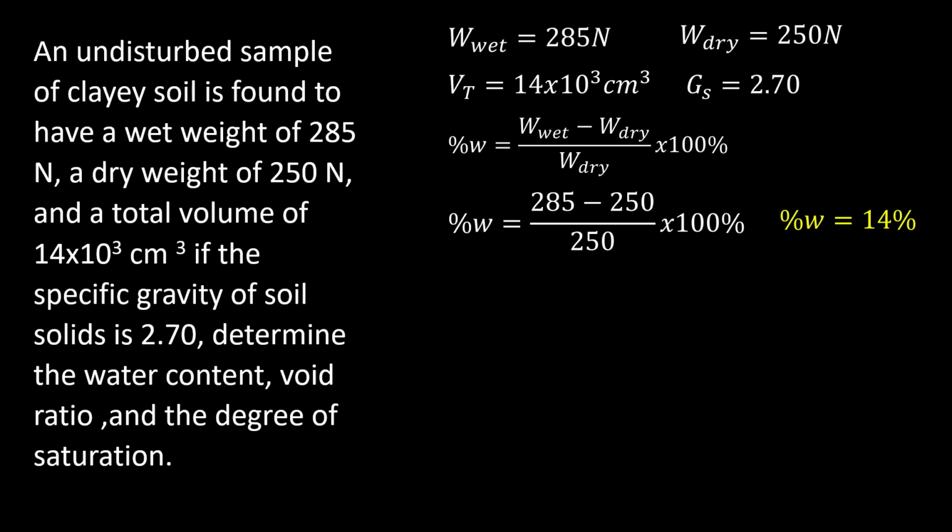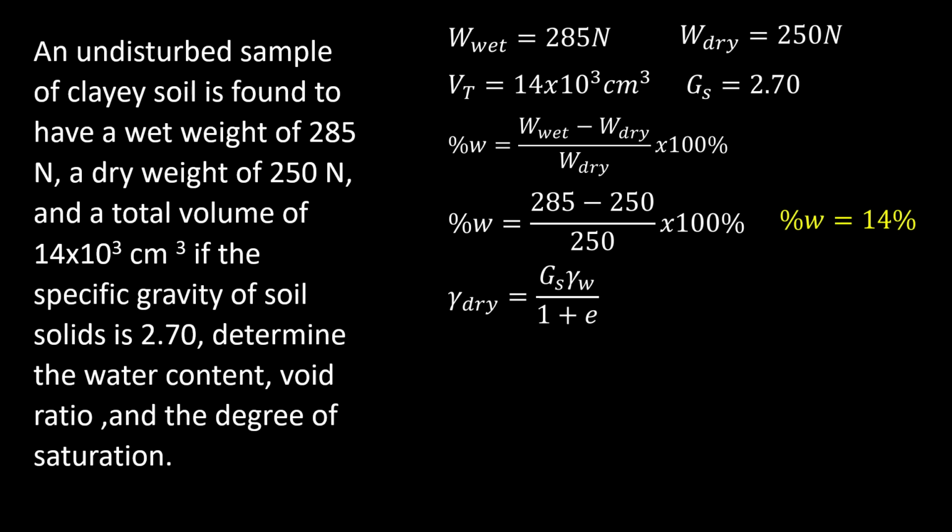So let us solve another item for this situation. The second unknown is actually the void ratio. Void ratio is represented by small letter e. So what is then the value of our e, which is also our void ratio?